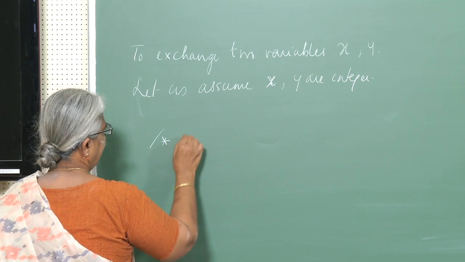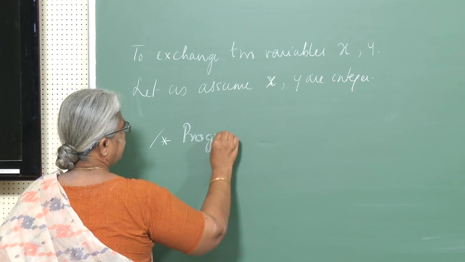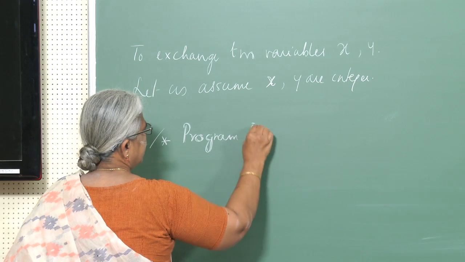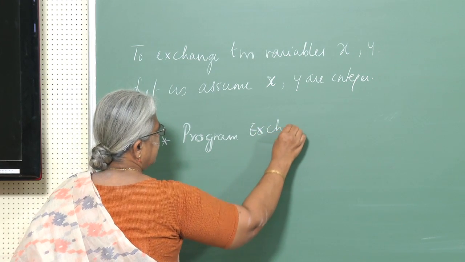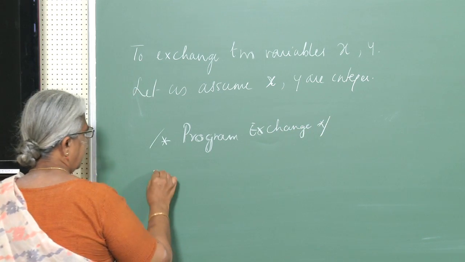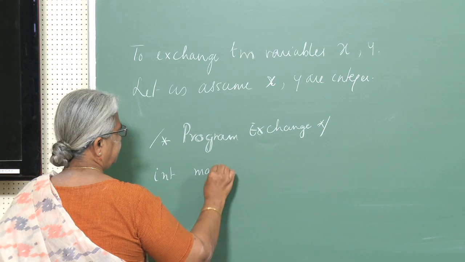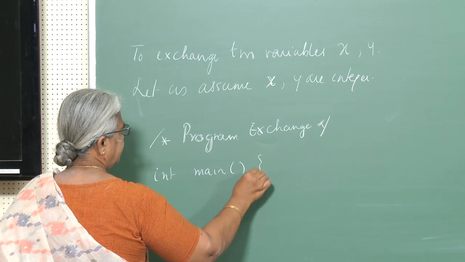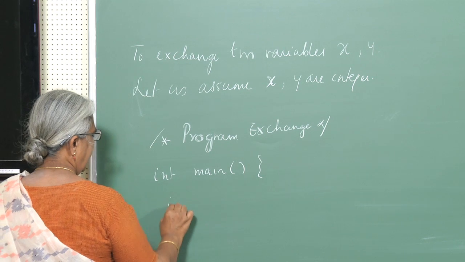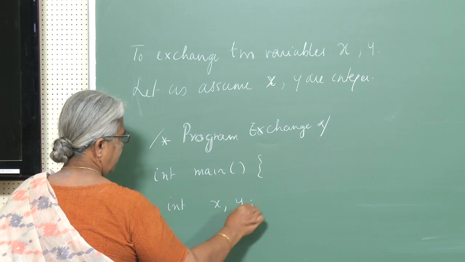So, you give the program a name: program exchange. This is the name given to the program, and I am writing the main program, main, and int. I define the local variables now, x, y.